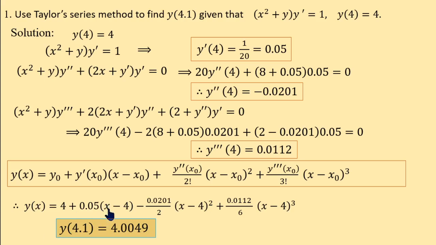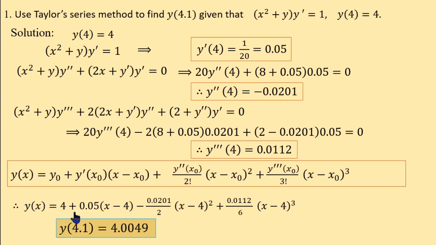I'll repeat once again how to calculate y at 4.1. When x is 4.1, x minus 4 is 0.1. So in the calculator, first you type 0.1 and then press the equal sign. For the next step, it becomes Ans. Answer is nothing but 0.1.